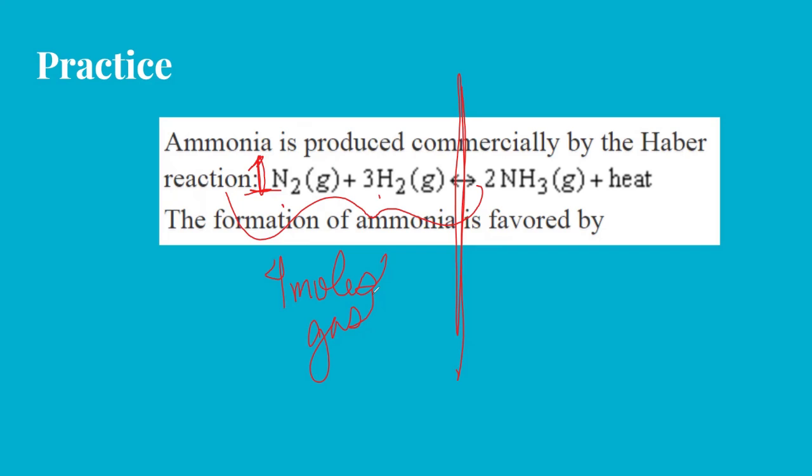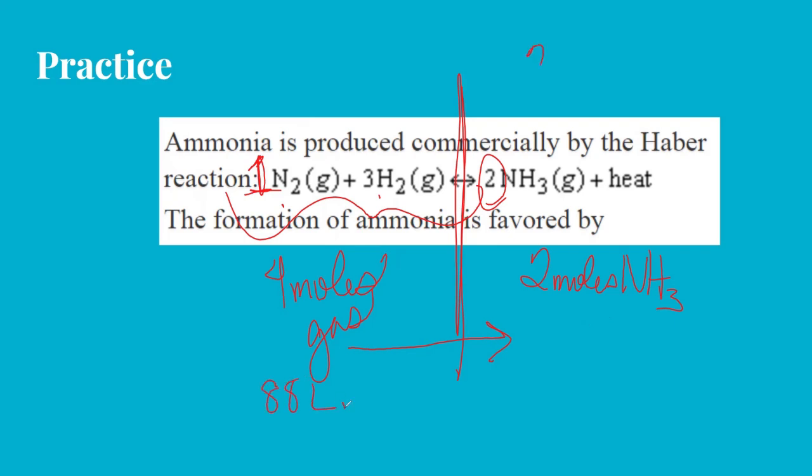If you go forward, this side of the reaction only has 2 moles of ammonia gas. When they recombine, they take up less space. So this takes up a lot of space, about 88 liters.